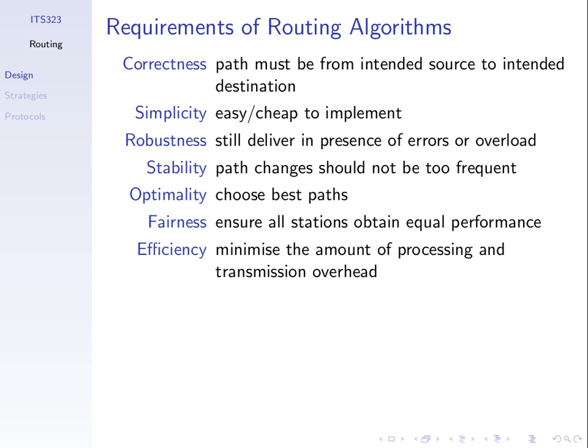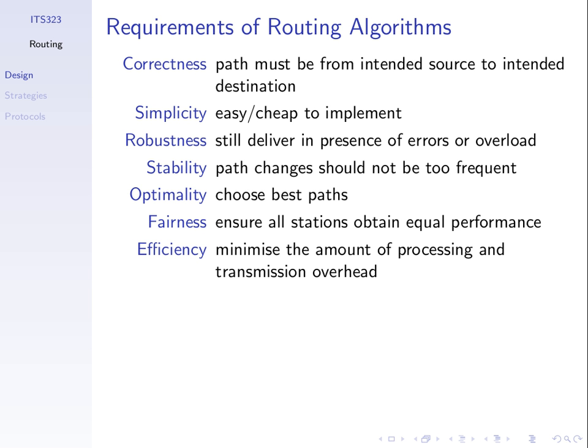On the other hand, we don't want to change paths too frequently. Robustness says that I have a path from source to destination. If I find along that path there are some errors, then I'll choose an alternate path. The stability requirement suggests that we don't want to change paths too often.